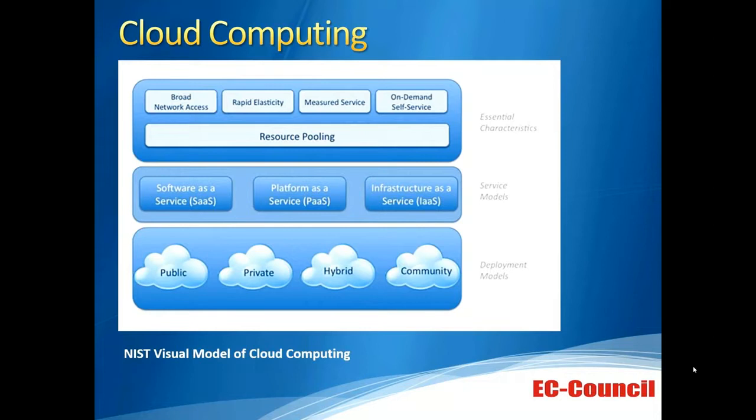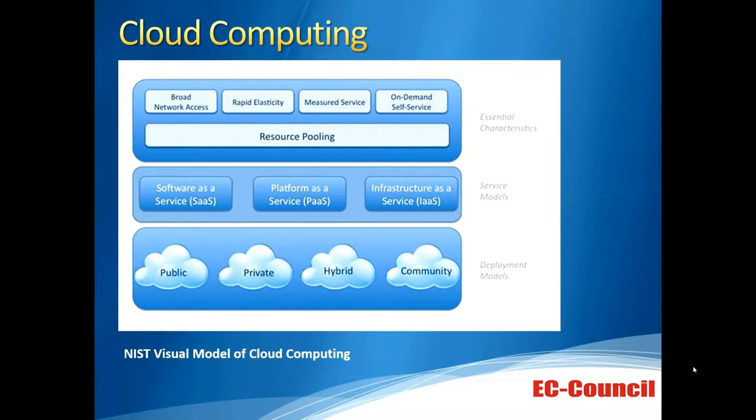Resources of the provider are pooled to provide multiple customers access to resources like storage, processing, memory, and network bandwidth, using a multi-tenant model. Different physical and virtual resources are assigned and reassigned to user demand.